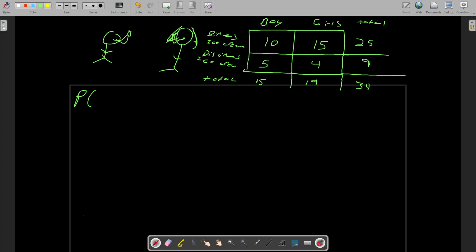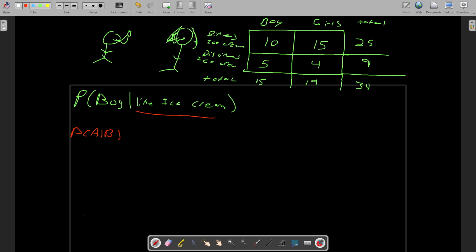So now, what is conditional probability? Well, conditional probability is kind of like saying given something. So let's say, what's the probability that if we randomly select a person, they're a boy, given they like ice cream. For any conditional probability, A given B, the line means given.